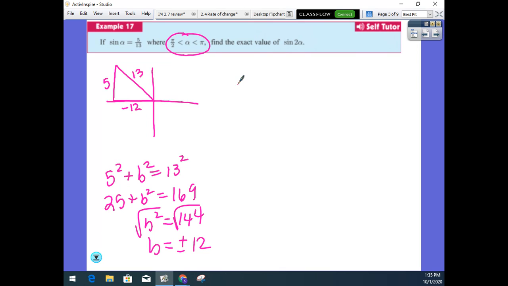All right. So sine 2 alpha, I need to replace this with what the formula is. So whenever you see that 2 alpha, look in your formula booklet. It gives you the formula: 2 sine cosine. All right, so I'm going to keep my 2 over 1.